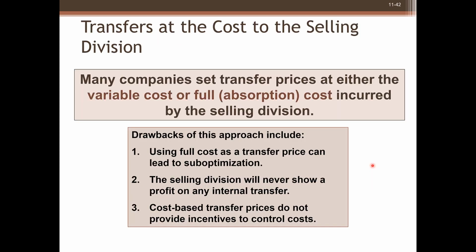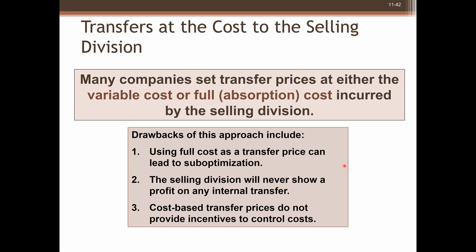Transfers at cost to the selling division. Most companies set transfer prices at either the variable cost or full absorption cost incurred by the selling division. Cost-based transfer prices are often used in practice because they're easily understood and convenient to use. The cost approach to setting transfer prices is relatively simple, but it has some drawbacks.